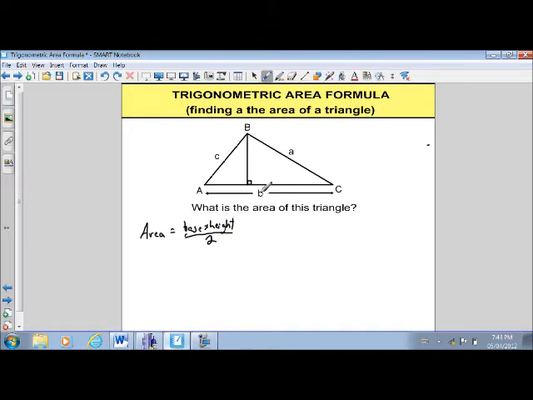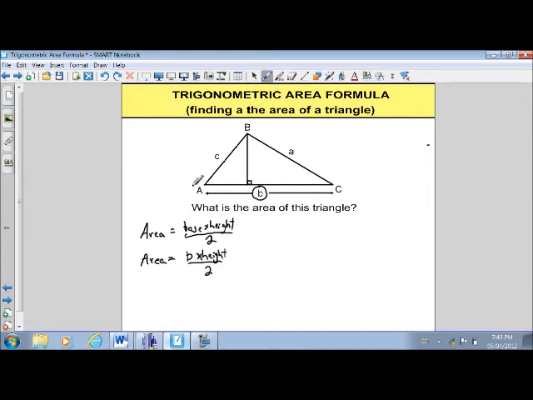So our base in this example is going to be b. So we can go down here and replace our base with b. We still need to find the height, so I'll leave that in, times the height divided by 2.